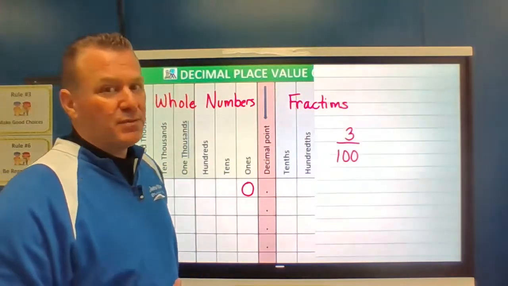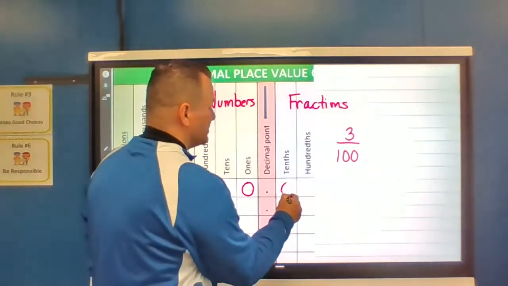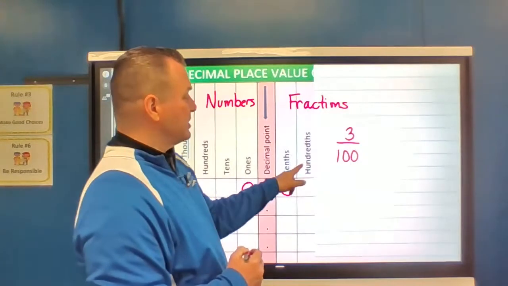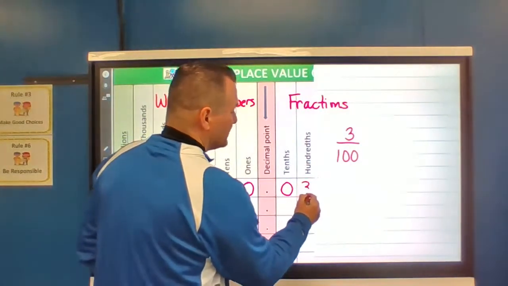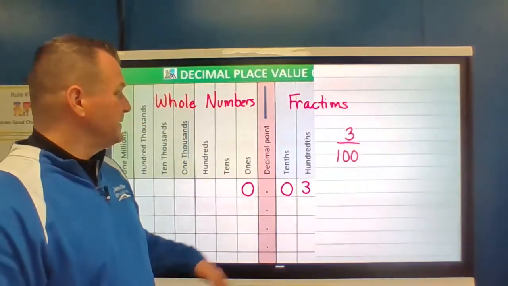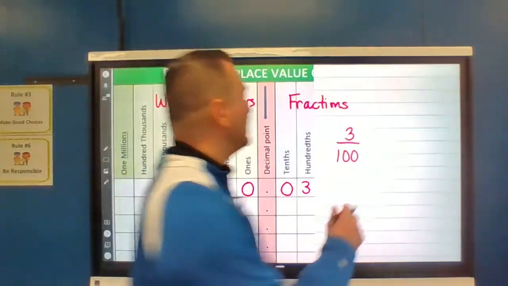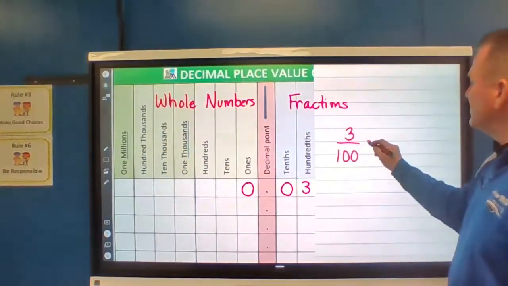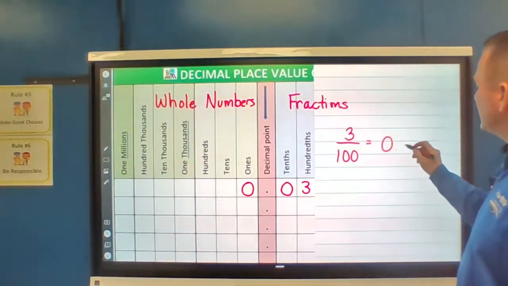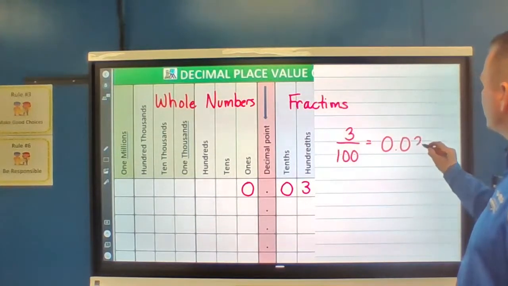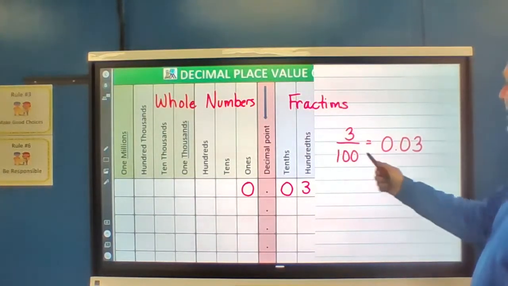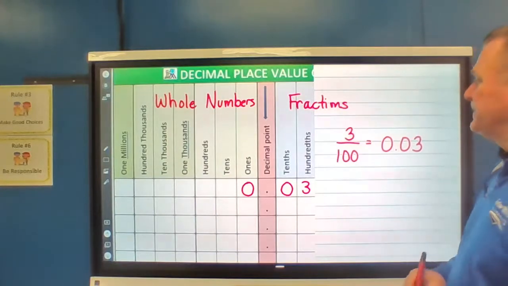Well, this is the tenths place. That's not where it goes. The 3 goes in the hundredths place. So 3/100ths looks like that. So as a decimal, it would be 0.03 because that 3 is in the hundredths place.